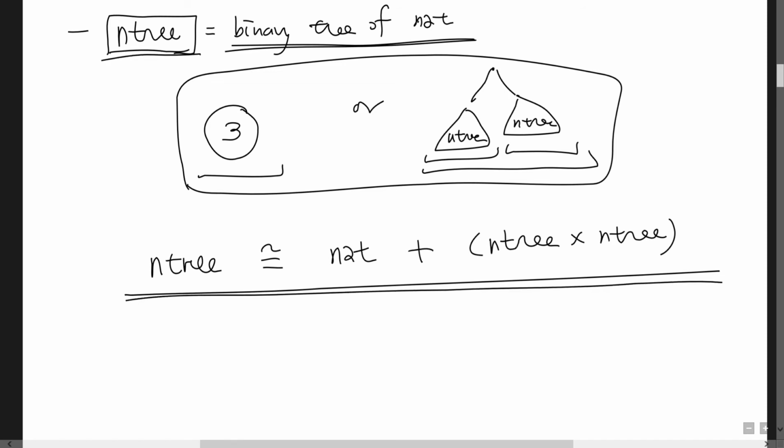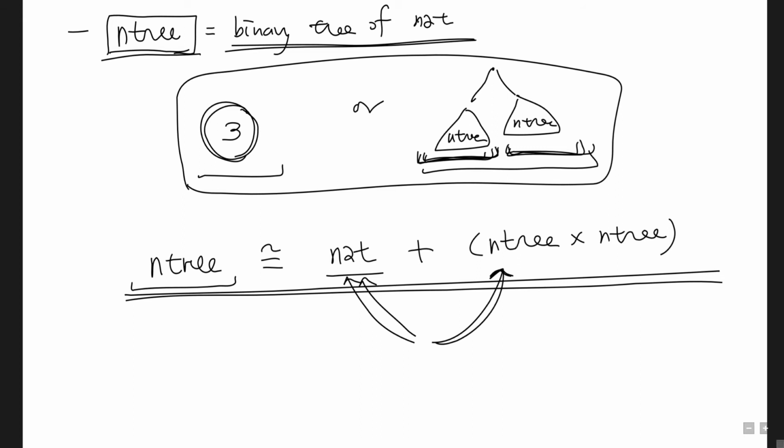Because intuitively, in order to create a net3, you have to take one of two choices, this one or this one. If you take the left choice, then you are going to create a singleton leaf node consisting of a natural number. And if you take the right choice, you are going to provide two subtrees, child trees of the same type, net3.